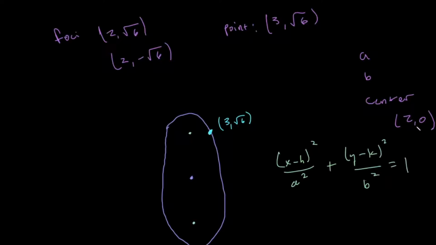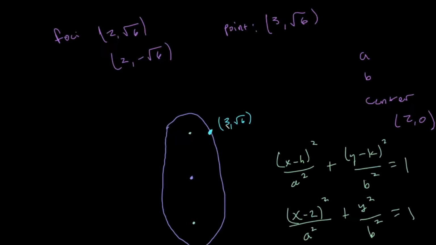Let me plug in my h and k because I know the center. So x minus 2 squared divided by a squared, don't know it, that's actually what I'm looking for, plus y minus k. K is 0, so I just do y squared divided by b squared equals 1.